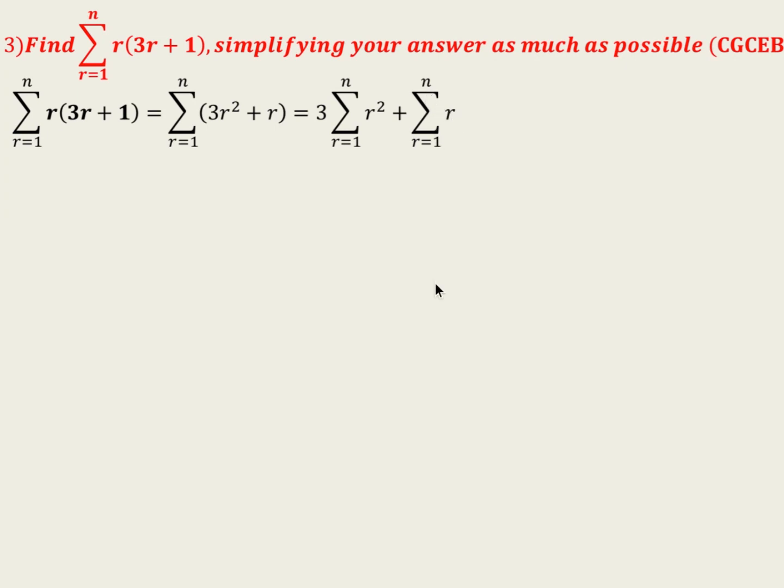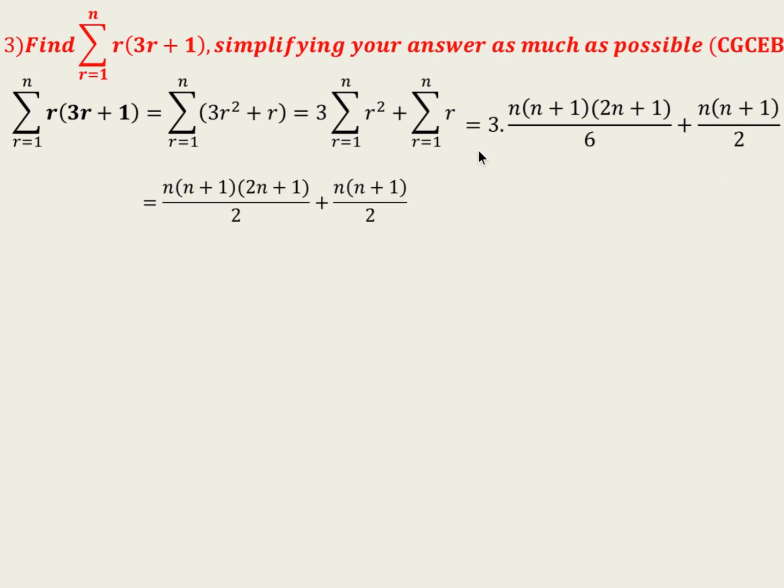And we can then proceed to bring in the standard formula to have 3 times n into n plus 1 into 2n plus 1 all over 6, the formula for summation from r equals 1 to n of r squared, plus the formula for summation from r equals 1 to n of r, which is n into n plus 1 all over 2.